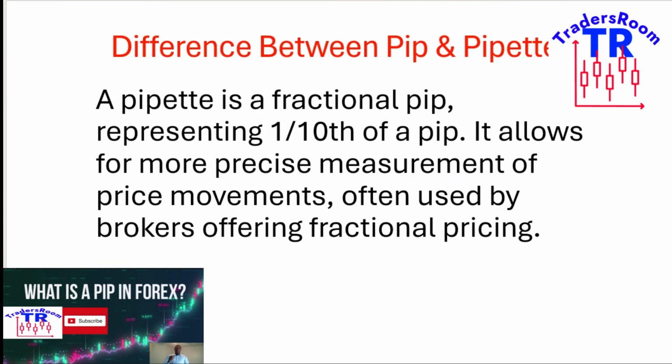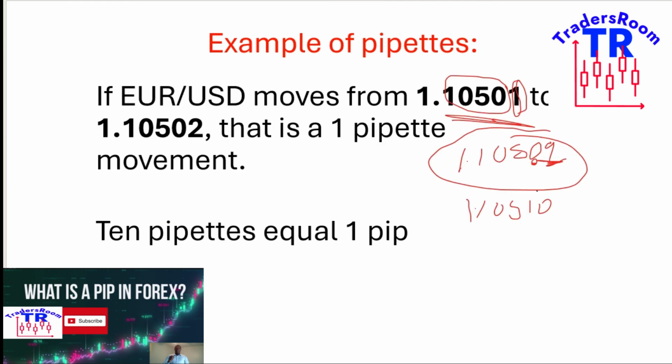Remember, we said that a pipette is 1/10 of every pip. So by the time it increases to 10, that will make the pip increase. That's how the pip increases. However, it is the pips we use in calculation. So the pipette is the tenth place of a pip.